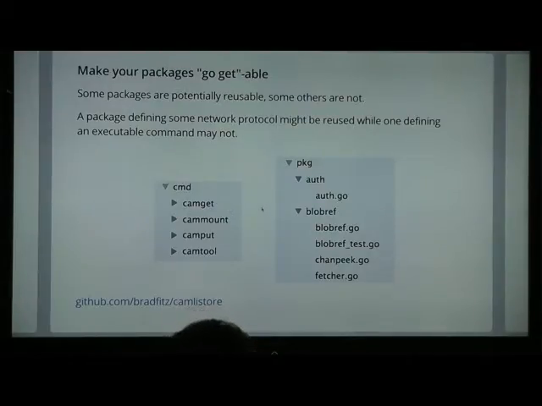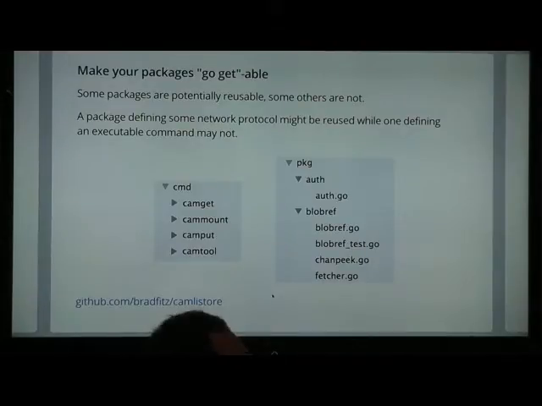So when you do go get of this, every single one of these packages will actually generate a different binary. But if you don't care about this, you can still do a go get of the package part and just reuse the part that you care about.